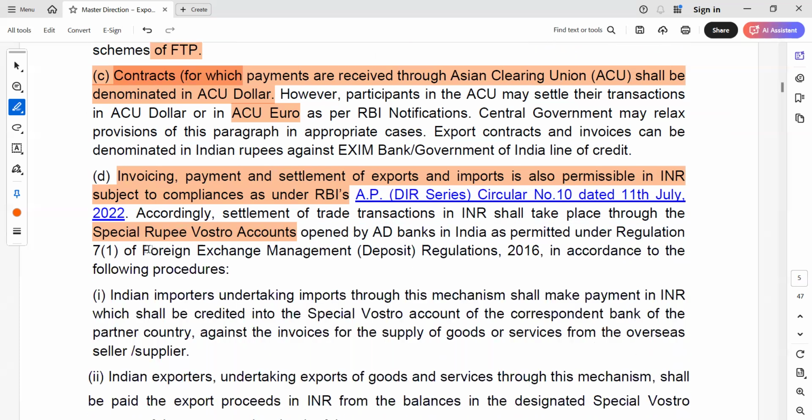Okay, so this is the procedure that they have given under Foreign Exchange Management Department Regulation 2026. Indian importer undertaking import through this mechanism shall make payment in INR, which shall be credited into special Vostro account of the correspondent bank of the partner country against the invoices for supply of goods and services from the overseas seller or supplier.